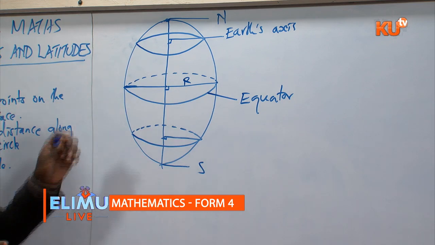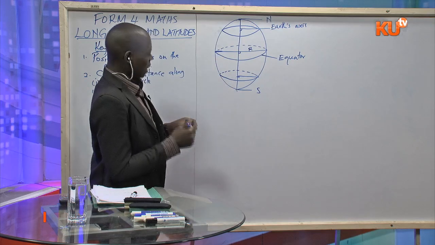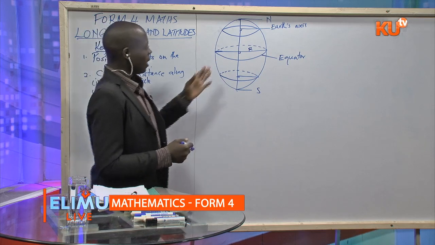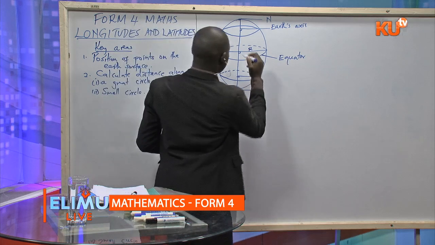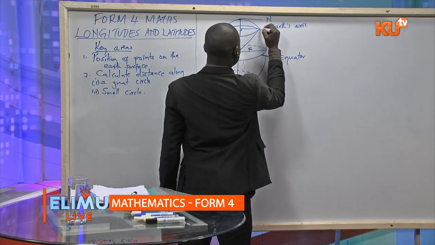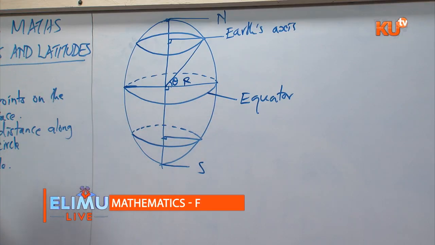So these circles that are perpendicular to the Earth's axis are what we call the small circles, and they are constituted by the latitudes. For example, we can locate this point if we draw this, and then we will have an angle theta at that point.